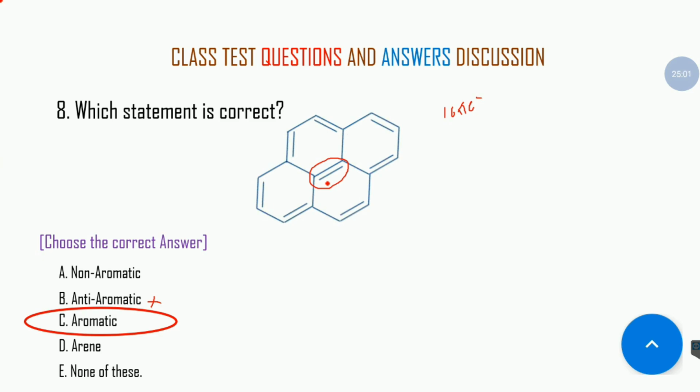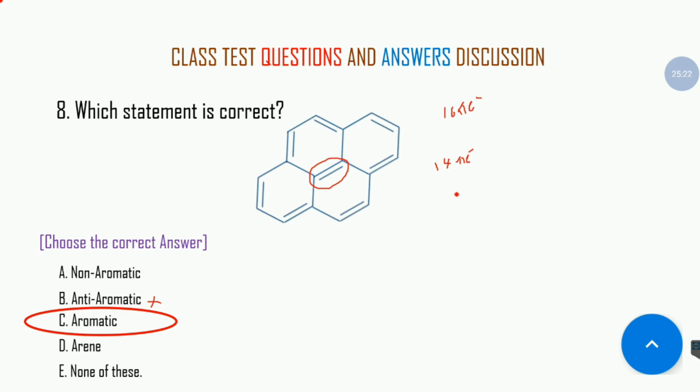So the total number of pi electrons becomes 14, which satisfies our Huckel rule for aromaticity. That's why this compound is an aromatic compound.